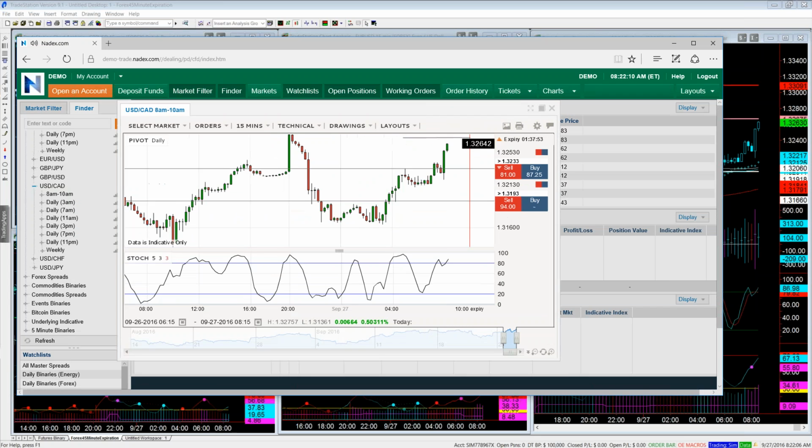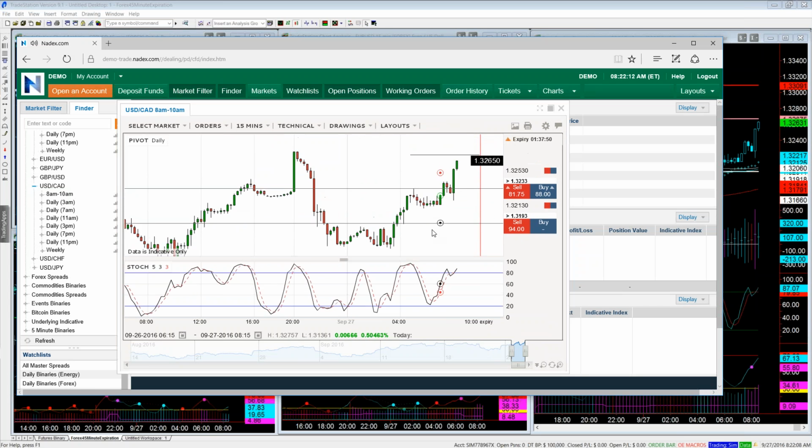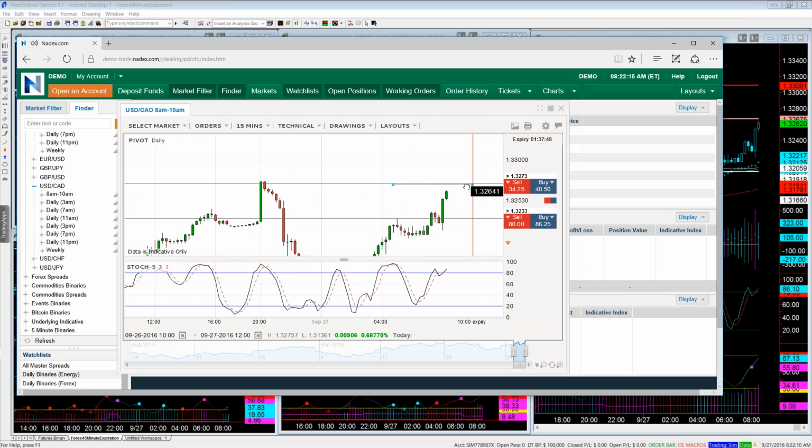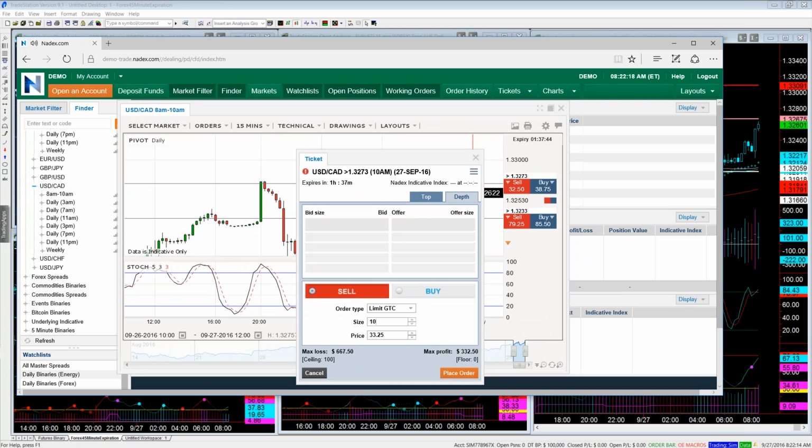This is a little bit slow because of the webinar software. Okay, this is where the line is, right? If we sell that, look at your risk. You're risking 667 to make 332, and that's max.